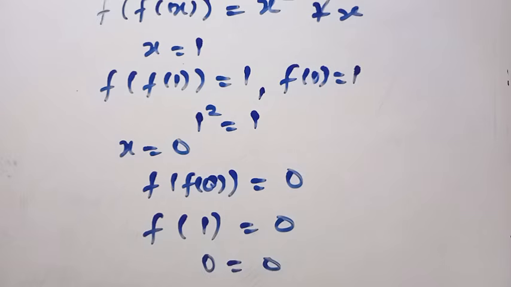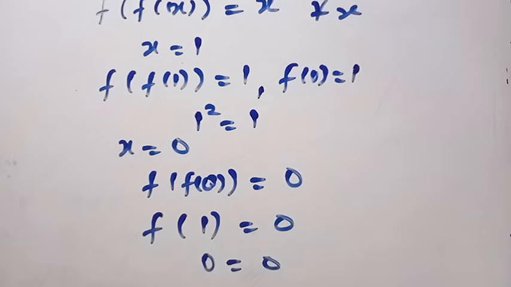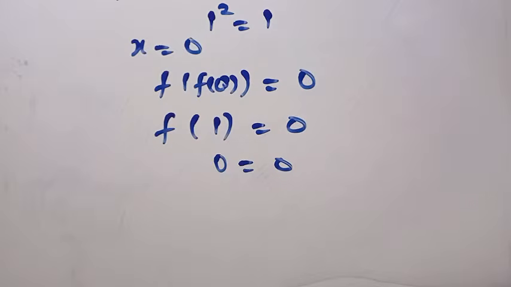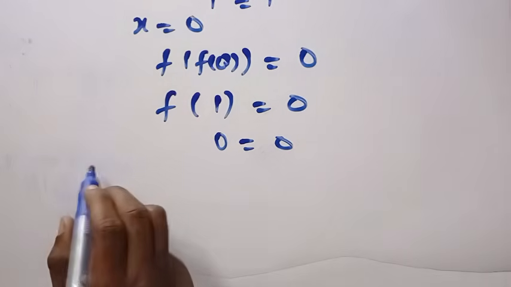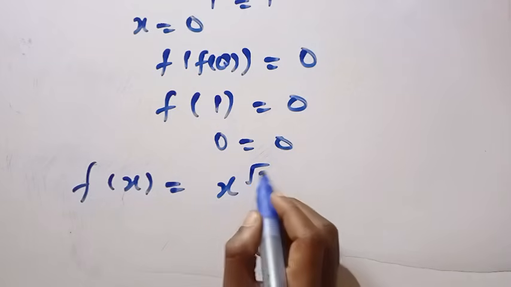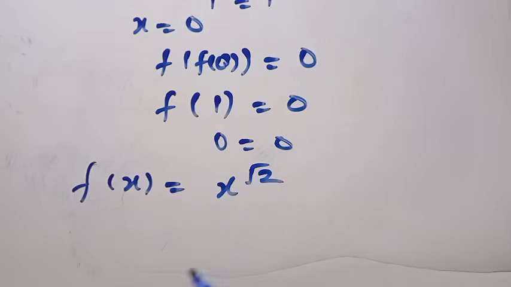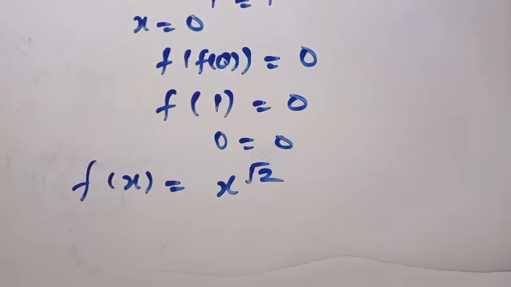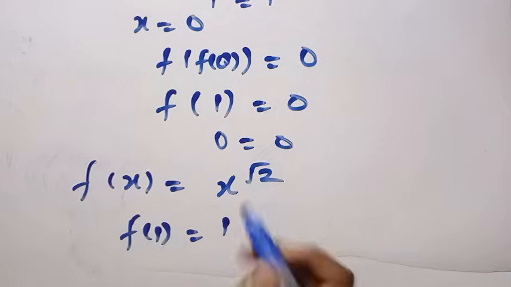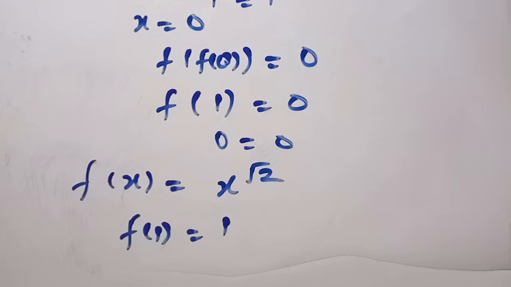So let's consider some power functions. Let's say I consider f of x equals x raised to the power of root 2. So we just assume this. If we check for f of 1, this equals 1, because 1 raised to the power root 2 equals 1.